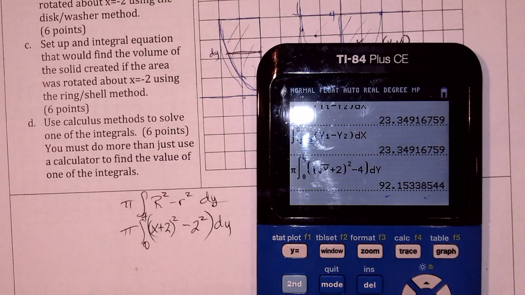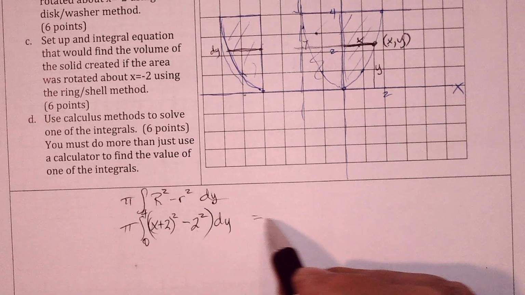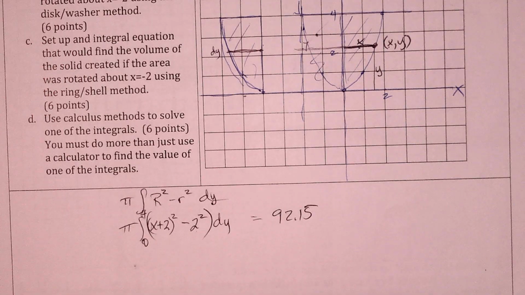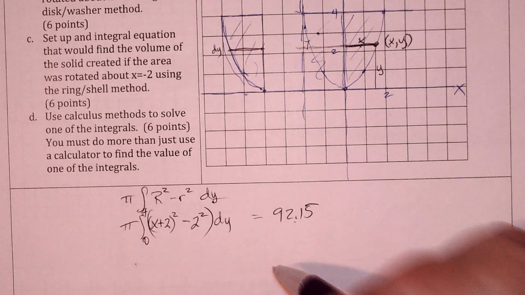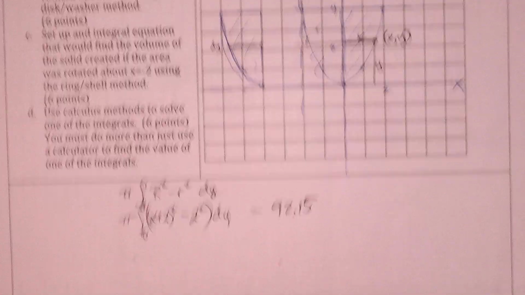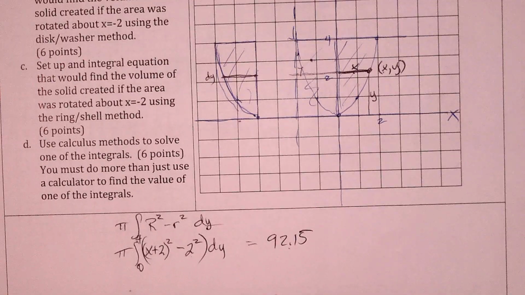So it says that area is 92.15. Now I'm going to set up the shell, and I better be able to integrate it and get 92.15 to make sure I'm doing the same thing, and then I'm going to work out one. I might even work out both. So now the shell.